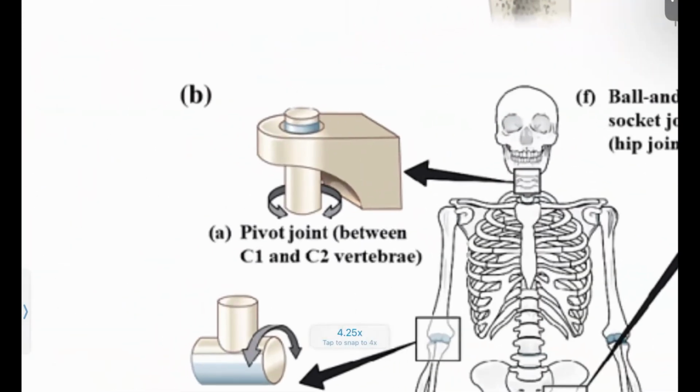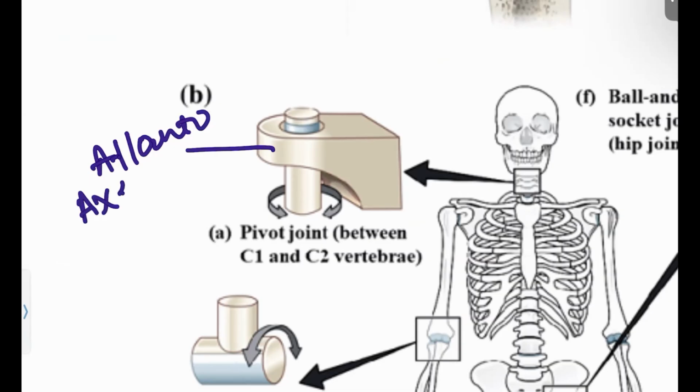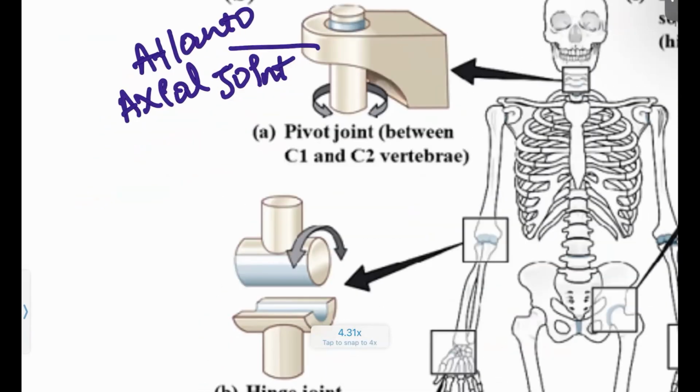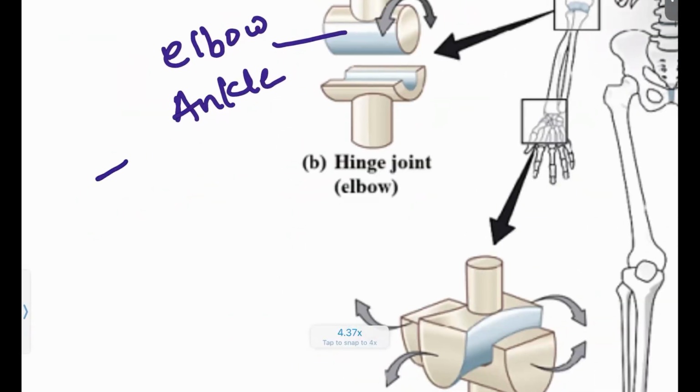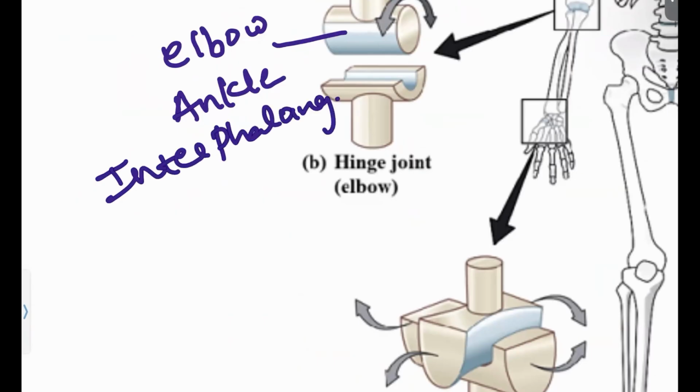For pivot joints, the most important one you have to remember is the atlantoaxial joint. Next one is your hinge joints. These hinge joints are present in the elbow, ankle, and also the interphalangeal joint.